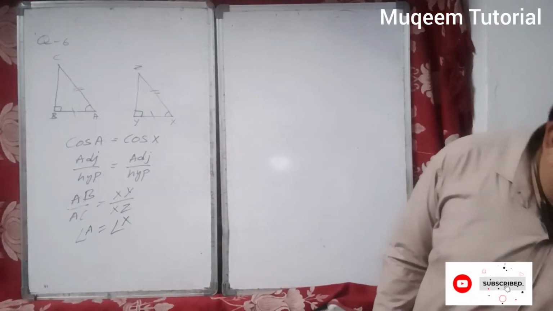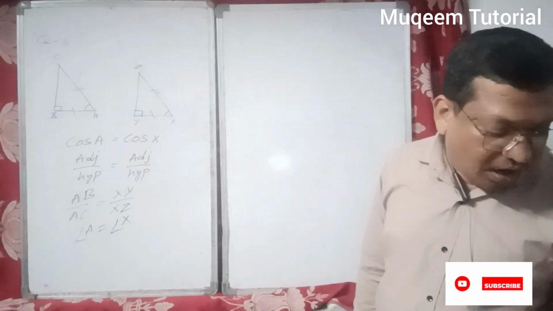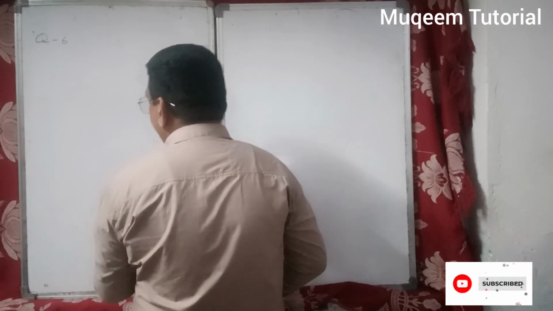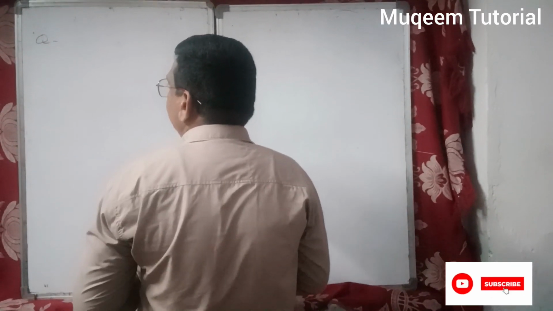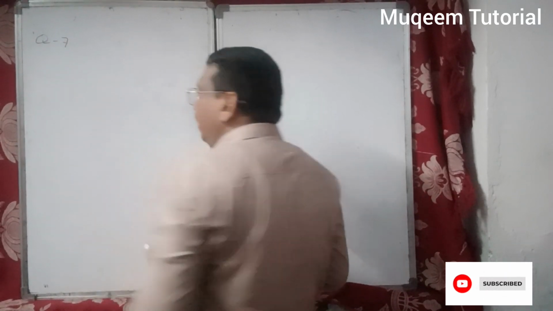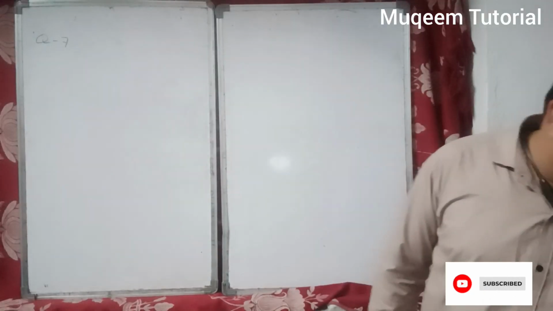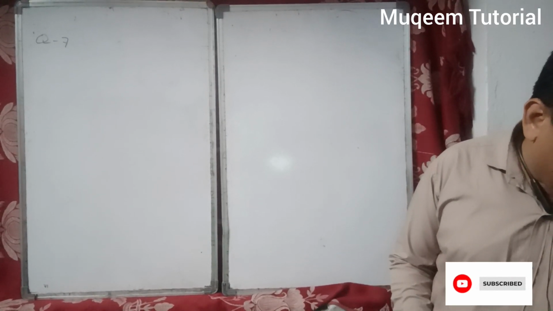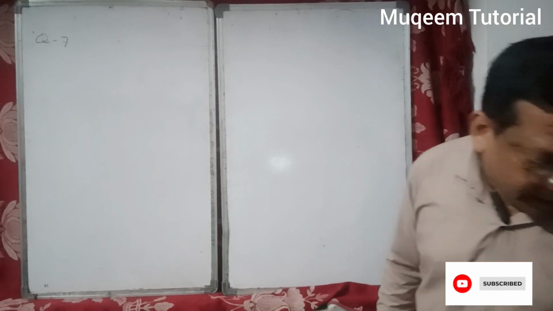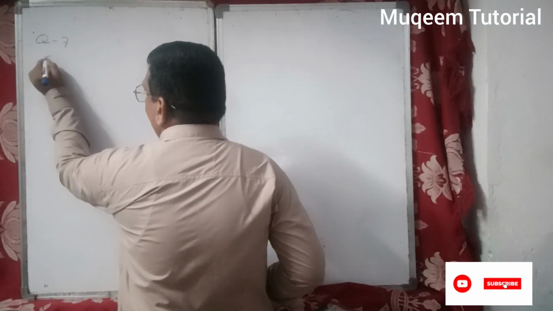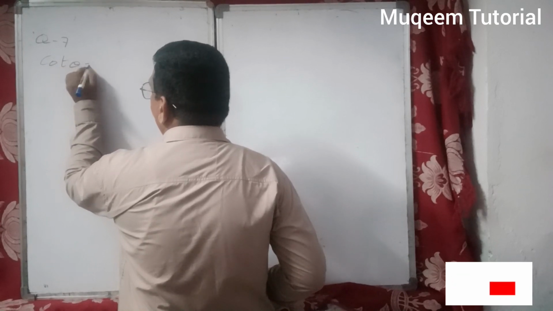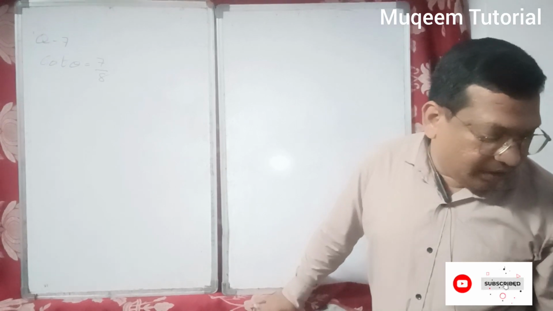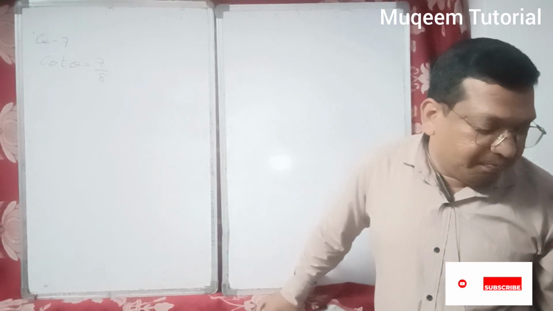Okay, the next question is question 7. Given cot theta is equal to 7 by 8, then evaluate. Here it is given two parts in one question.